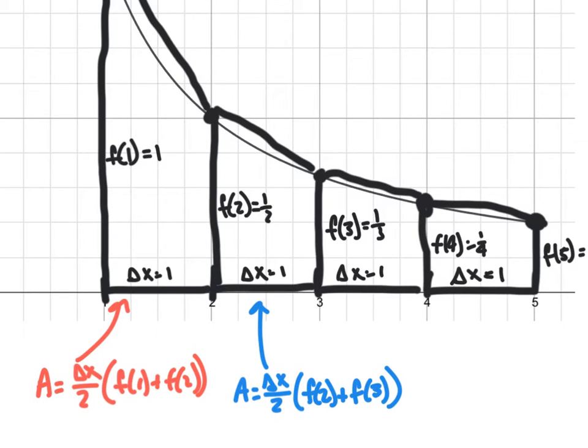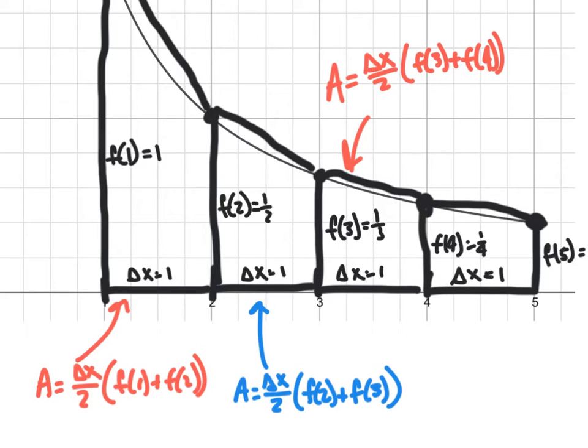The area on this one is equal to delta x over 2 times the quantity; for that one, I've got this height, which is f of 3, and this height, which is f of 4. So I'm going to write f of 3 plus f of 4.